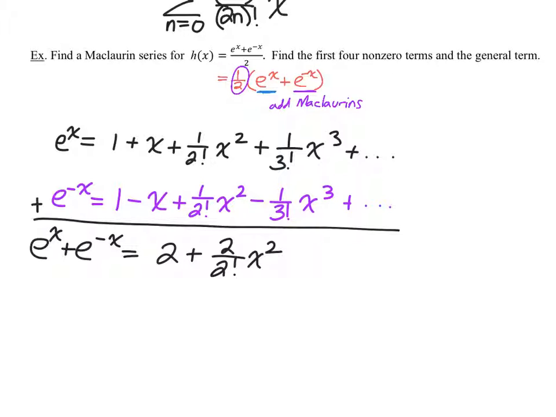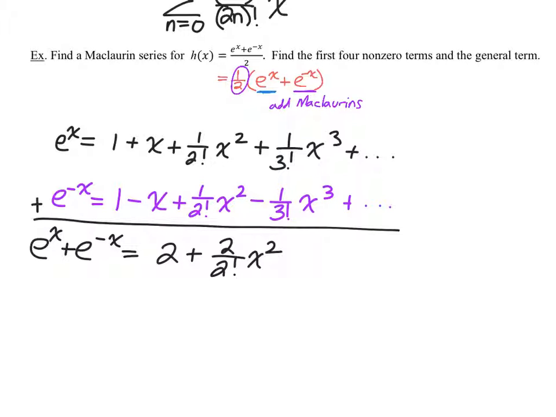I originally started with a function that was entirely positive. I created a function, e to the negative x, that alternated between positive and negative. All of those negatives canceled out something in my original e to the x, leaving me with only positive even powers.